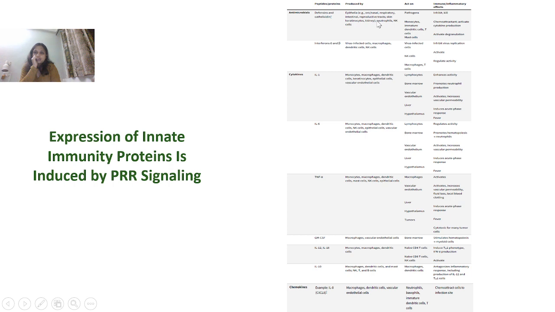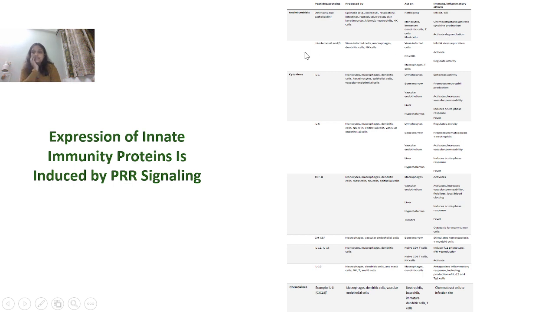which are produced by epithelial cells, like respiratory, intestinal, reproductive, keratinocyte, kidney, neutrophil, NK cells. They act on the pathogens, monocytes, immature dendritic cells, T cells, mast cells, and they can inhibit or kill. They can be chemoattractants. They can activate cytokine production. They can activate degranulation.